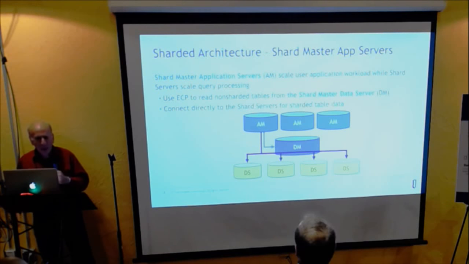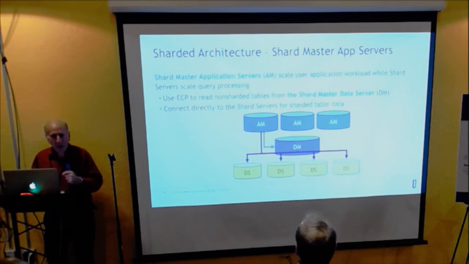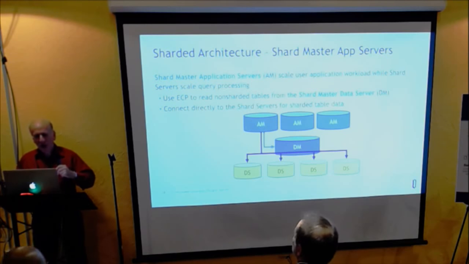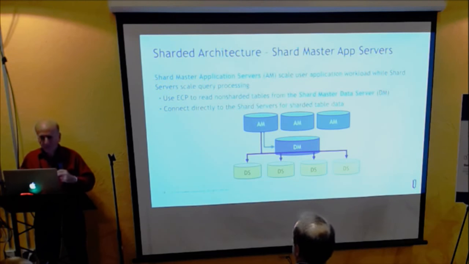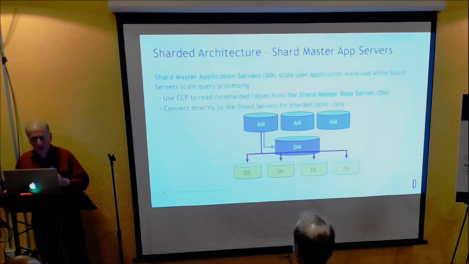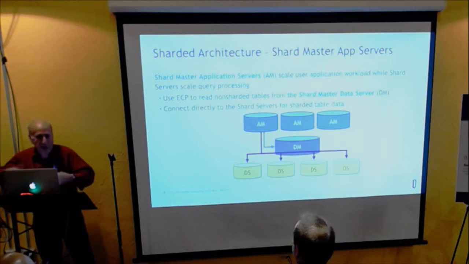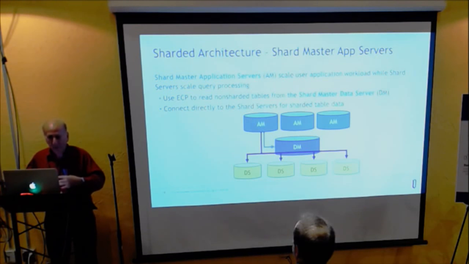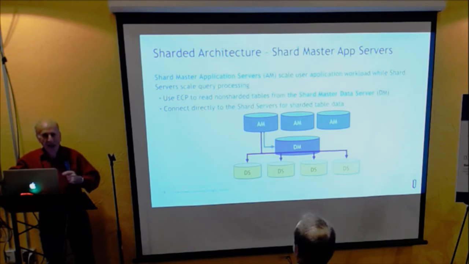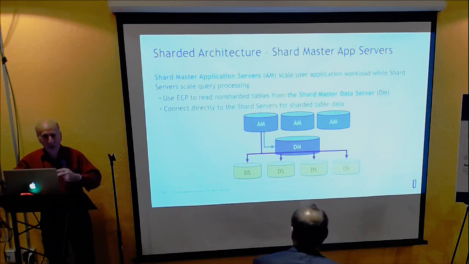The reason those are different is while they access the non-sharded data on the shard master data server, just as an ordinary application server would access non-sharded or any data on a data server, when they access sharded data, they behave as a shard master.